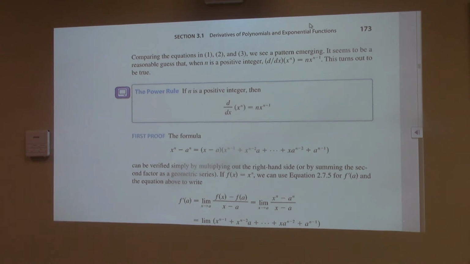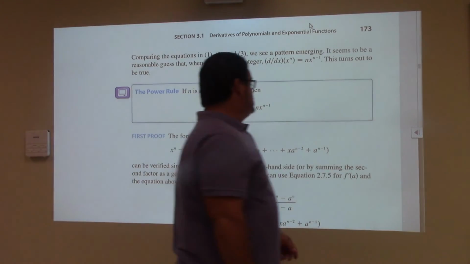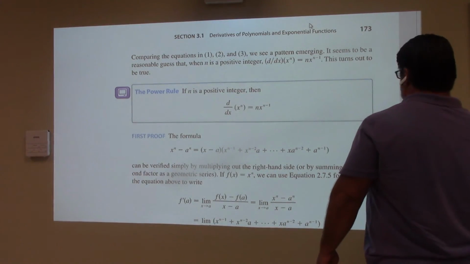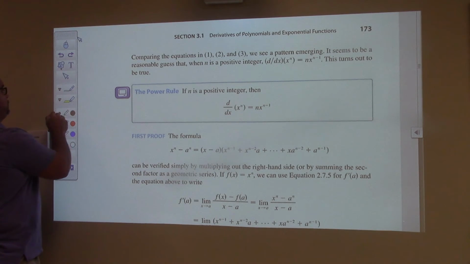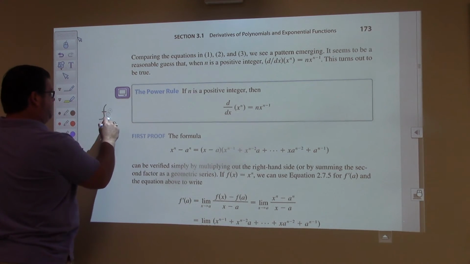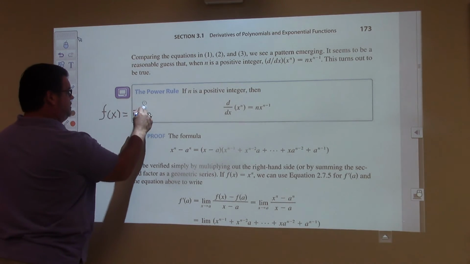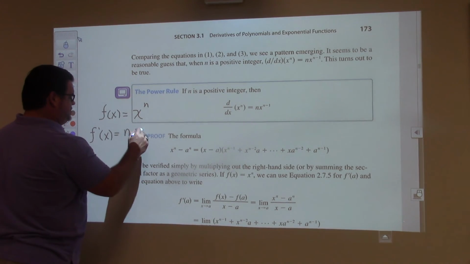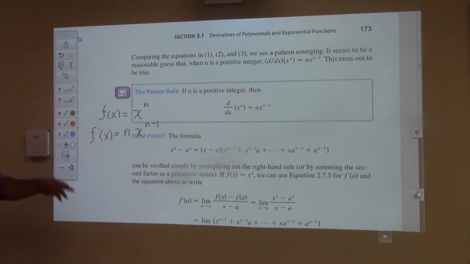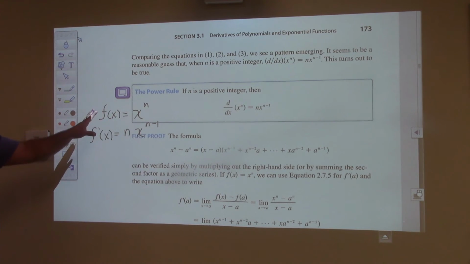Now, I like to write it like this: if f of x is equal to x to the n, then f prime of x is equal to n times x to the n minus 1. So that's how I write it.